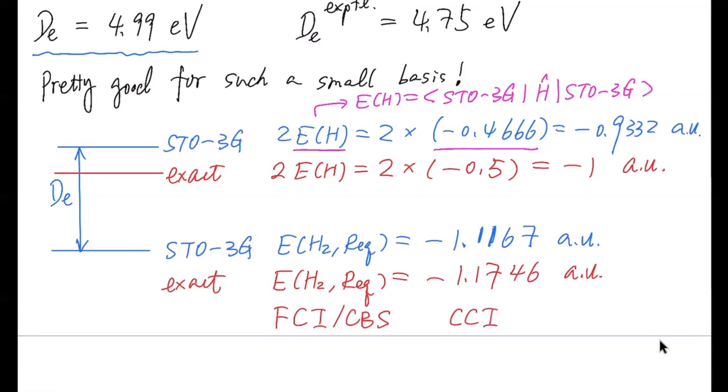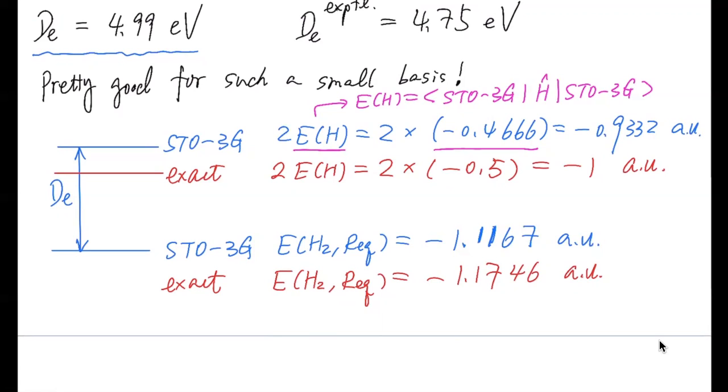Okay, by using this, we can get the exact answer. Of course, this kind of calculation is extremely expensive, and we can only do it for small molecules. But again, it is in principle doable, and it is entirely first principle, entirely quantum mechanical. And you will get the answer.